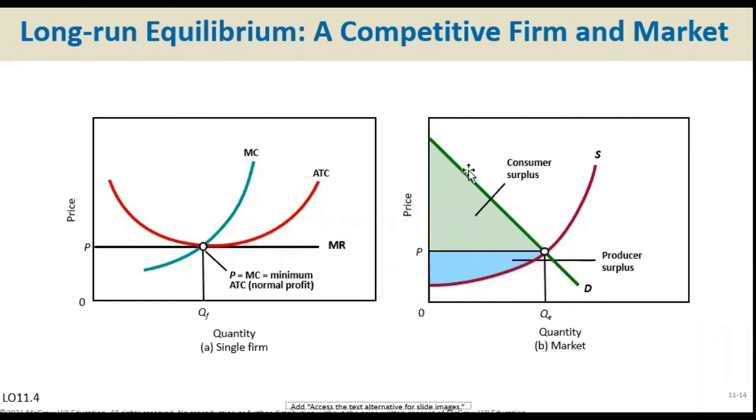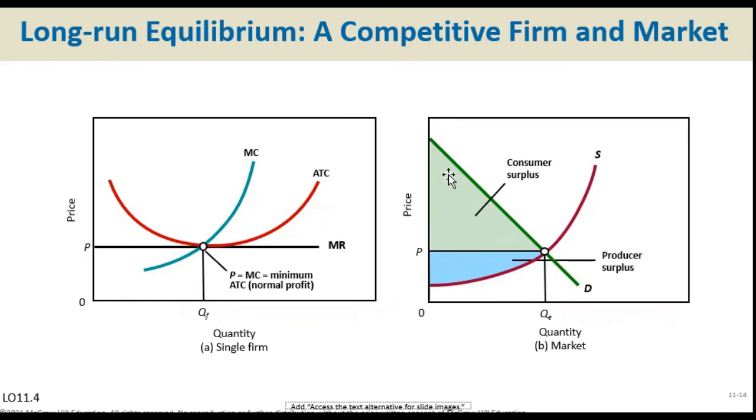And the consumer surplus, by definition, is the difference between what consumers are willing to pay, which is when you project the demand to the price axis, you see what the consumers are willing to pay for this quantity, and the market price. So the market price here being P, and you can see that the consumers are willing to pay a price greater than the market price.